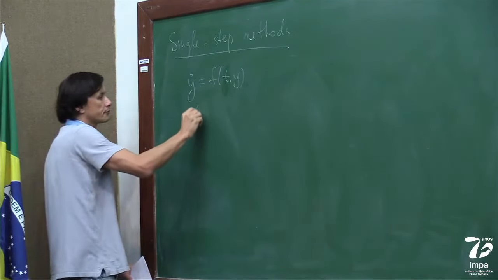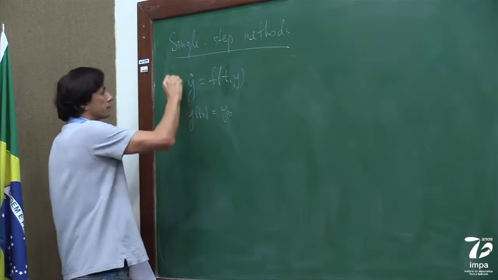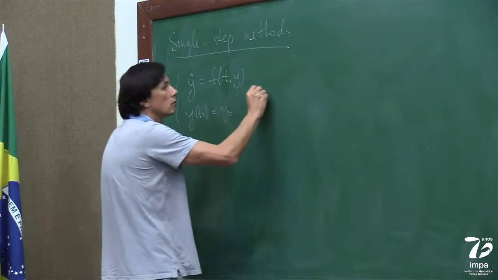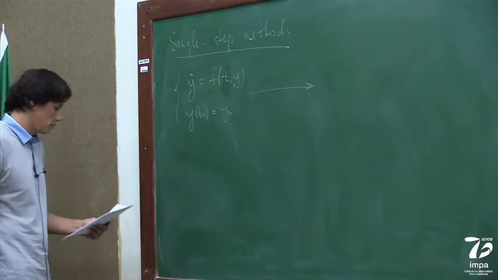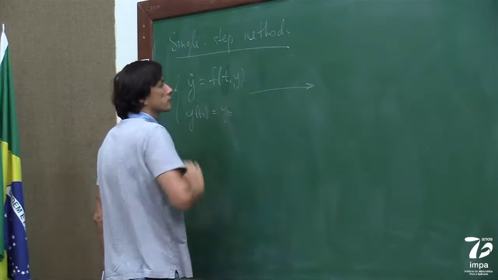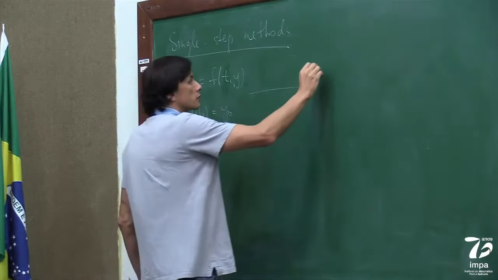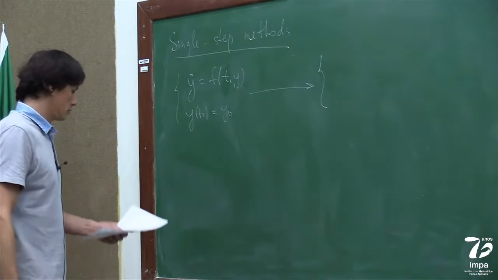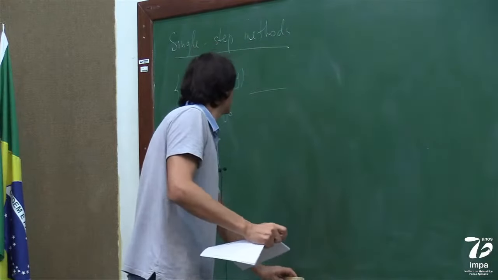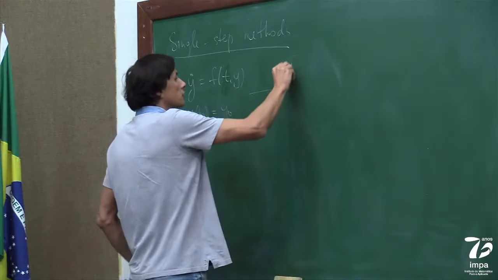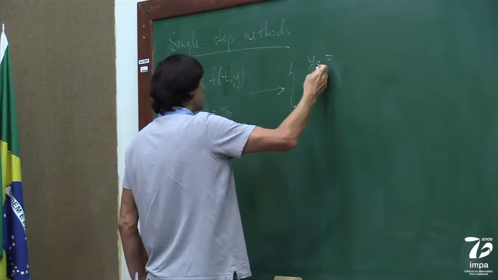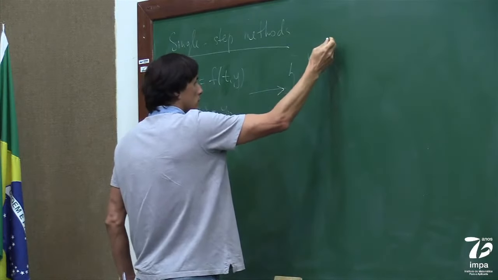Let's put an initial condition in a general form, and what we do is we discretize this problem. So it becomes a single step method, where at the first point we take the following.